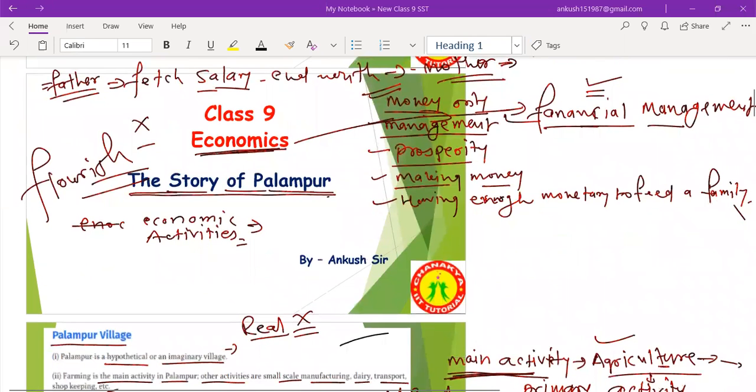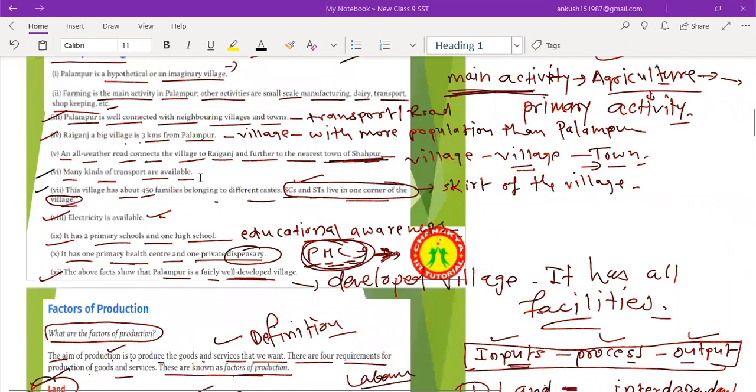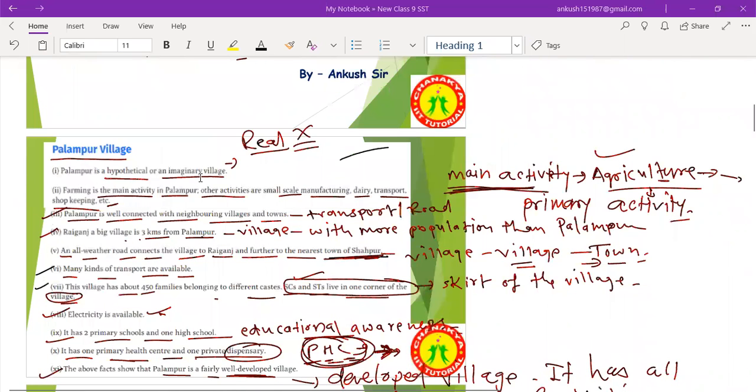Okay, so in the last lecture, welcome back everyone. In the last lecture, we had started the first chapter of economics, the story of Palampur, the village Palampur. In that we had seen the formation of the village, what facilities are given there, and how the people are involved in various activities in the village.